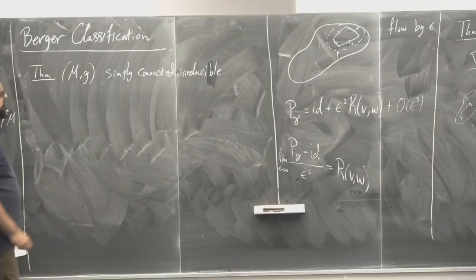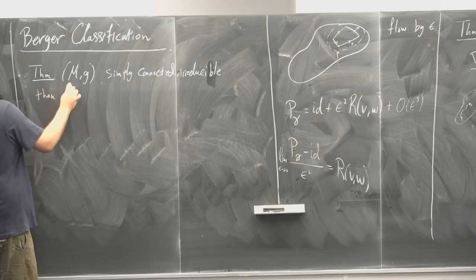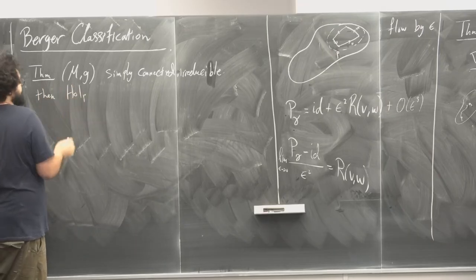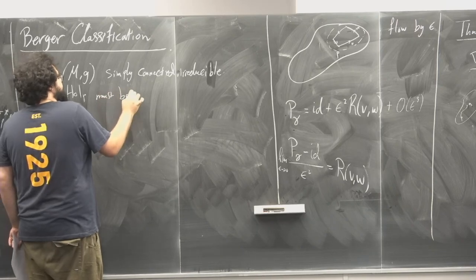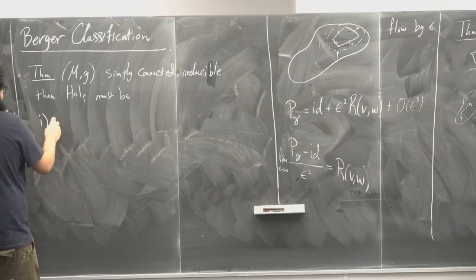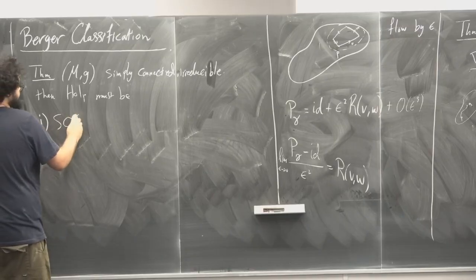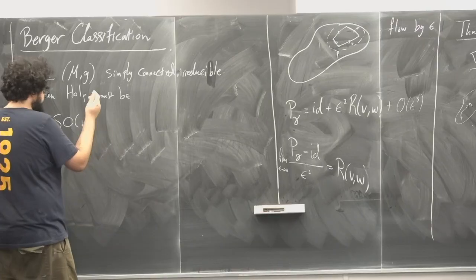So if we have (M, g) simply connected irreducible, then the holonomy group must be one of the following. The most general case is SO(n) for just any n.